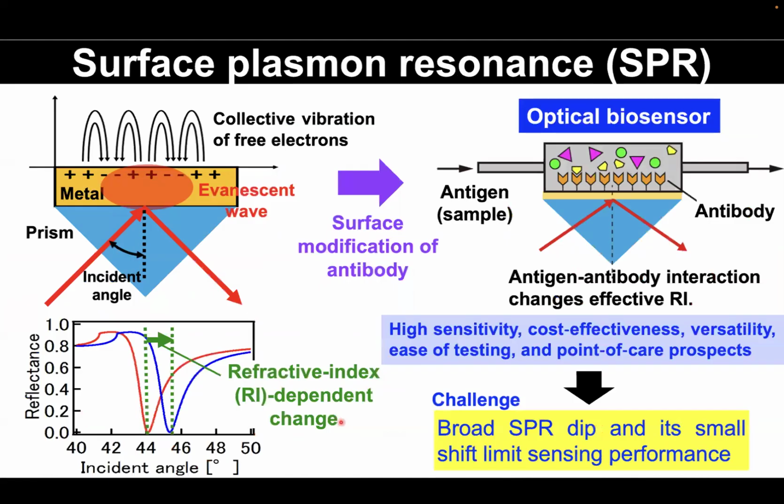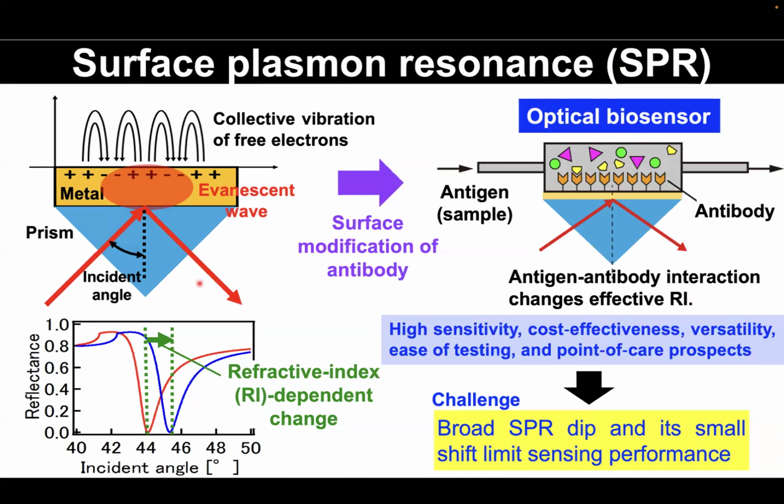So the optical biosensor is a potential method for rapid detection of SARS-CoV-2 due to its sensitivity, cost effectiveness, versatility, ease of testing, and point of care prospect. One representative is surface plasmon resonance, or SPR.